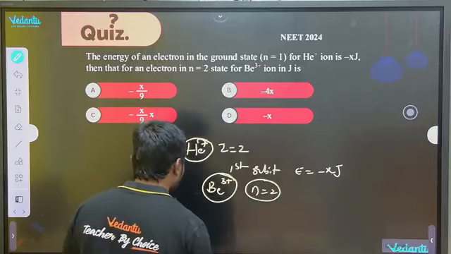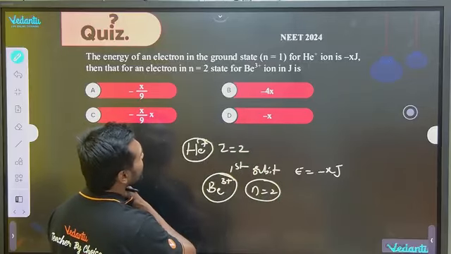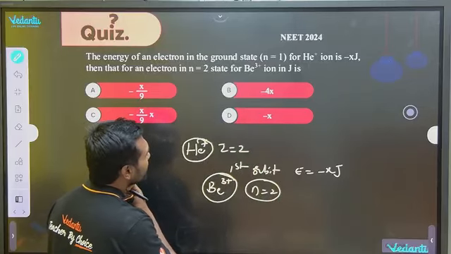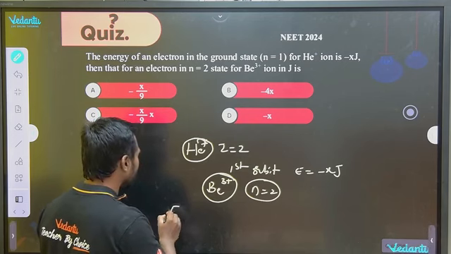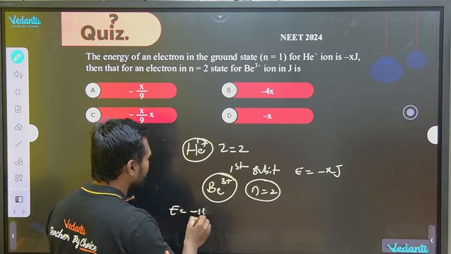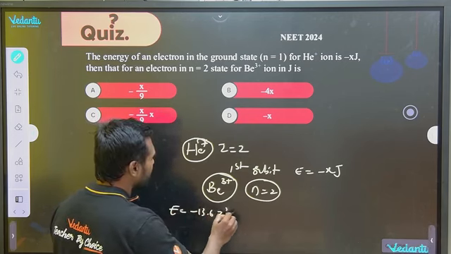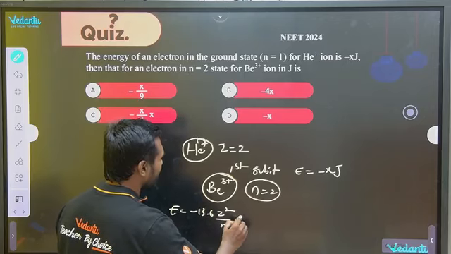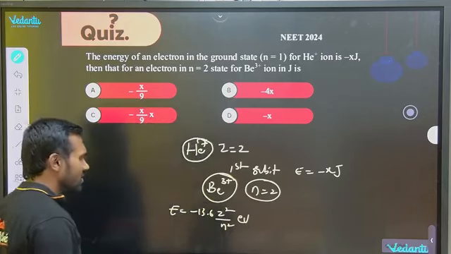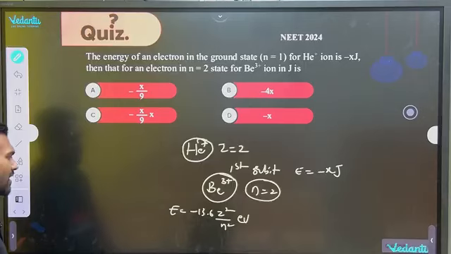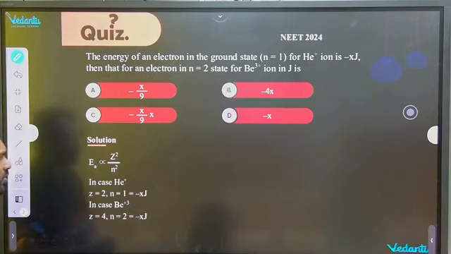So in the energy equation, minus 13.6 Z square by N square electron volt, you substitute the Z value for beryllium and the N value, and then you find how much value you are going to get.